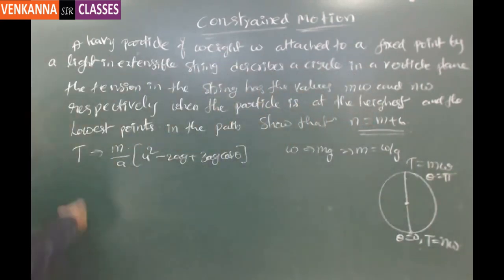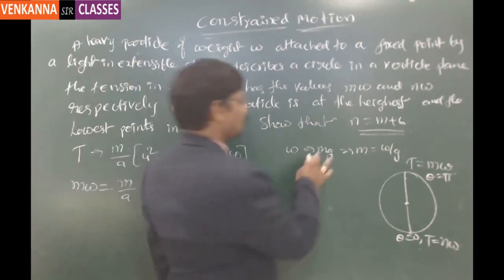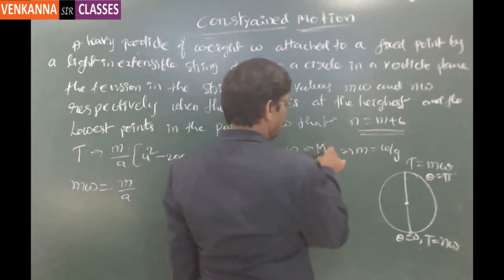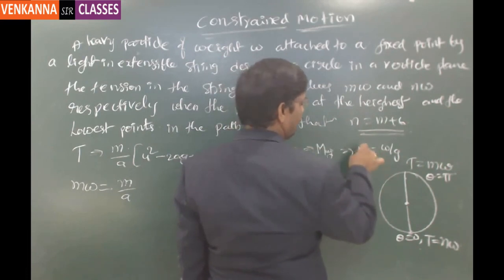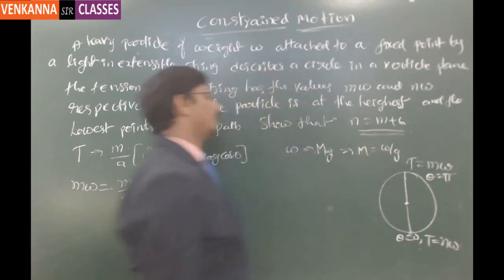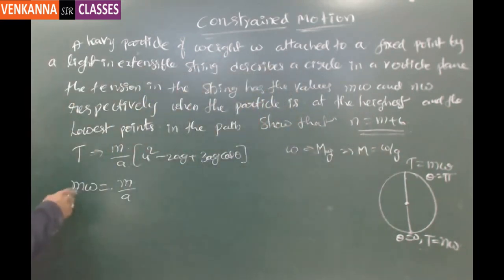Now if you replace it here, at the highest point, mW is equal to m by a times... this m is different, that m is different. I hope you noted down. So this is capital M and this m is small m.